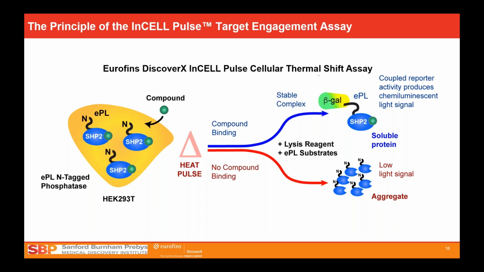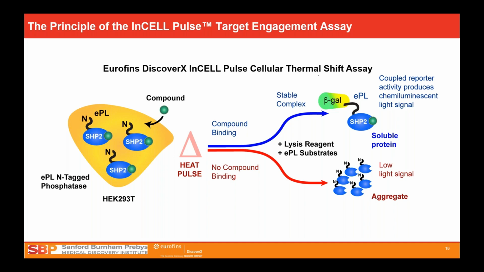So if you have a HEK293T cell stably or transiently transfected with SHP2, and then you incubate these cells in the presence of a compound, what you can then do is apply a heat pulse, either an isothermal or a temperature gradient. And as Paul outlined, if you have too hot of a temperature, the protein, of course, will aggregate inside the cell.